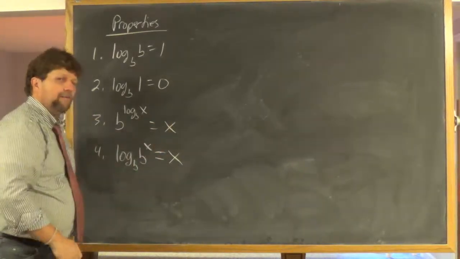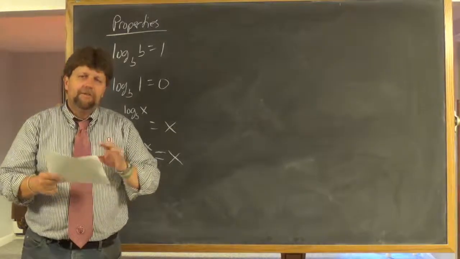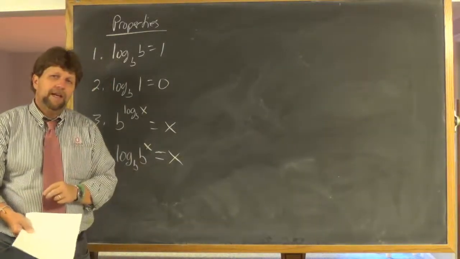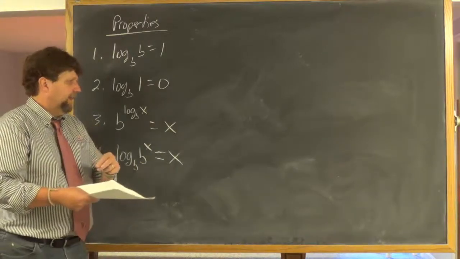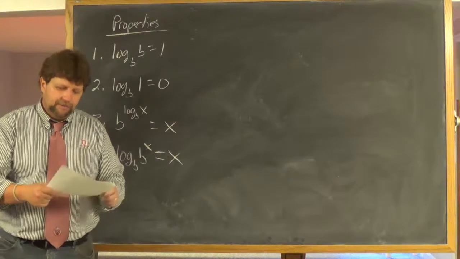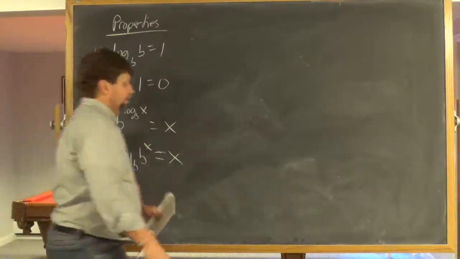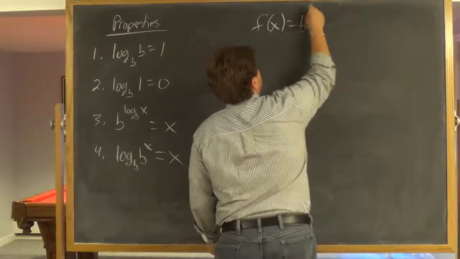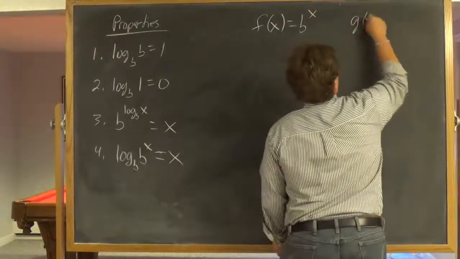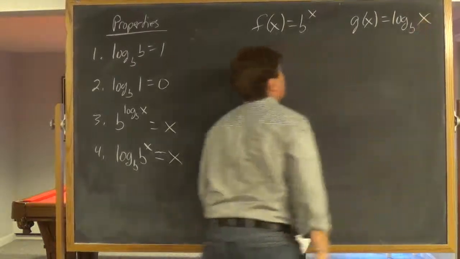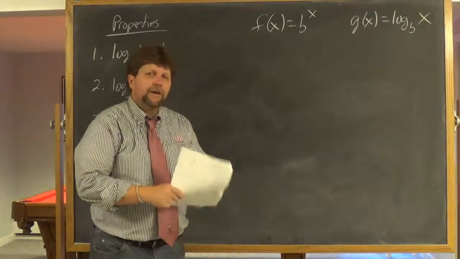Those two properties are direct results of the fact that the function f of x equals b to the x and g of x equals log base b of x are inverse functions. Let me show you what I mean. Those two functions are inverse functions.